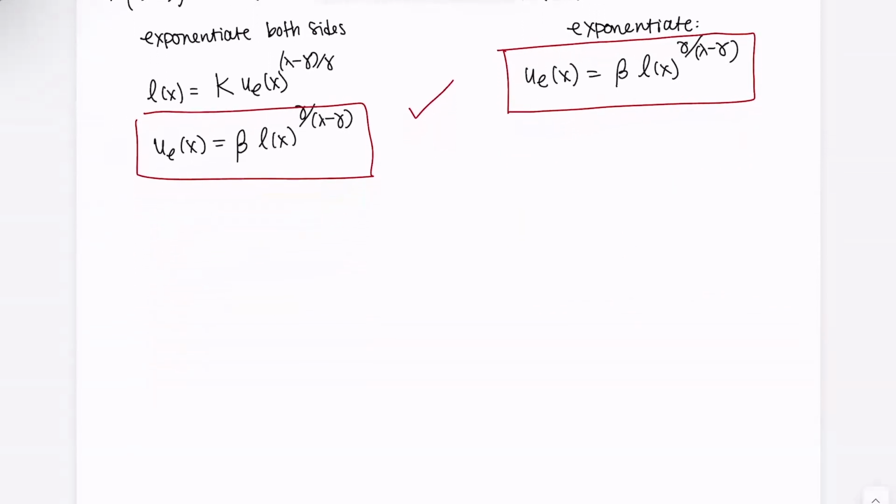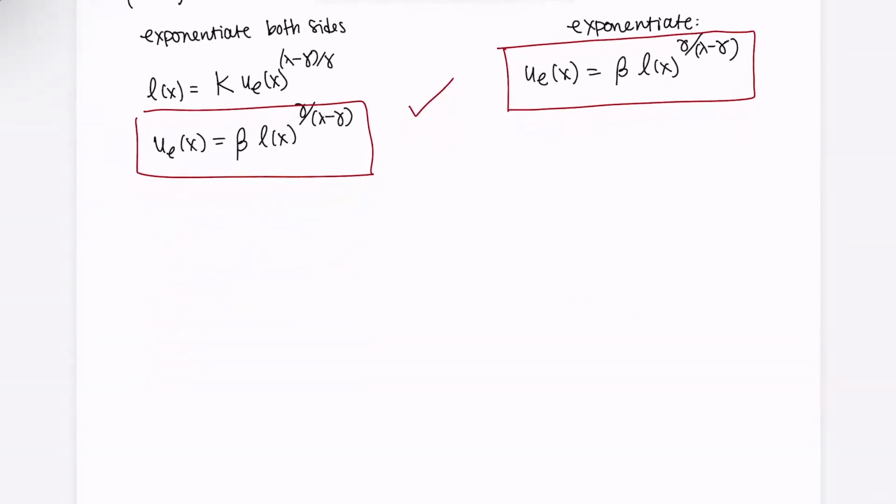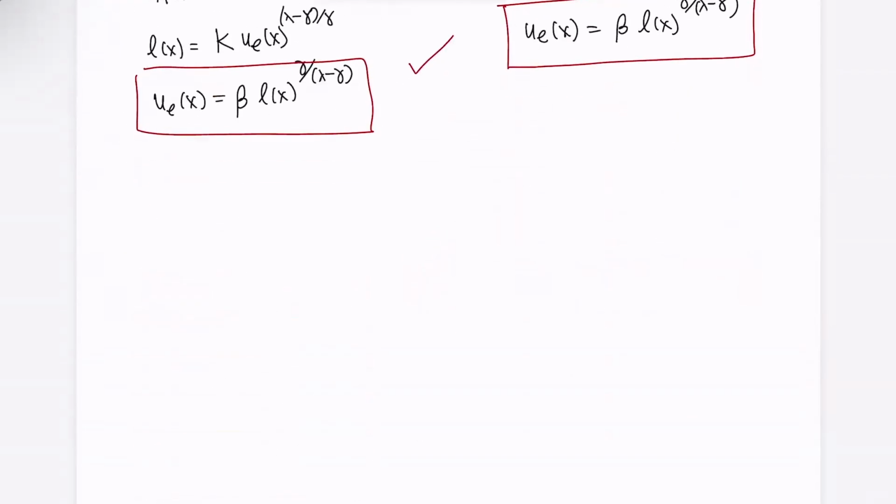Okay. All right, so now I'm going to substitute in the expression that we already derived for L of x, which is L of x equals the square root of 2 lambda minus gamma times the square root of nu x over u infinity.